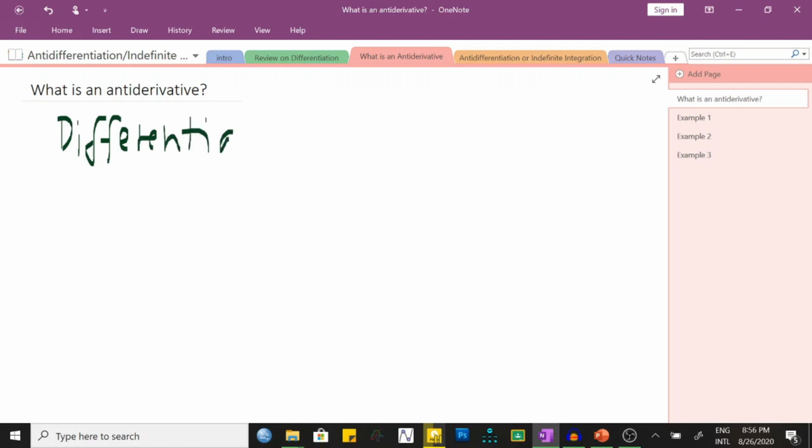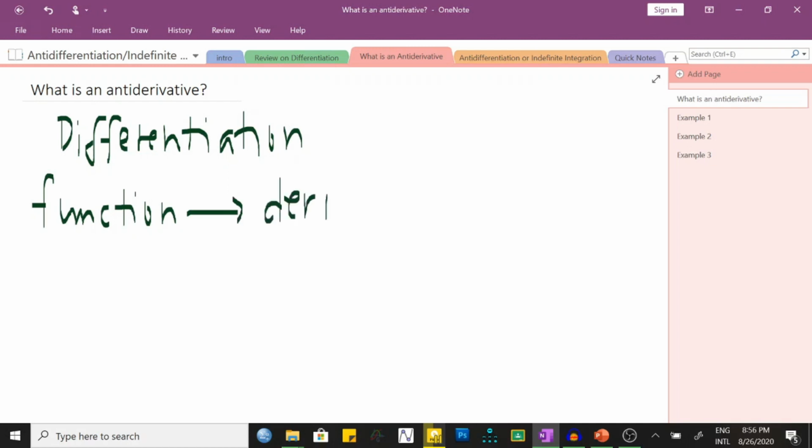Under differentiation, this is what we were doing. You are given a function, and your job is to compute for its corresponding derivative. The result, after doing differentiation, is a derivative.